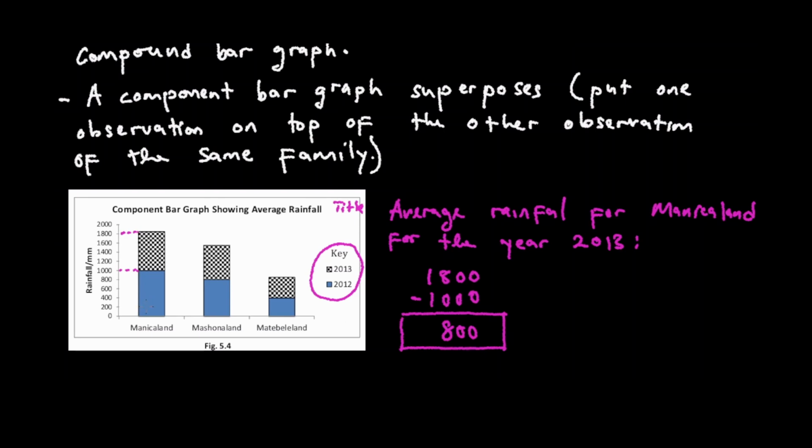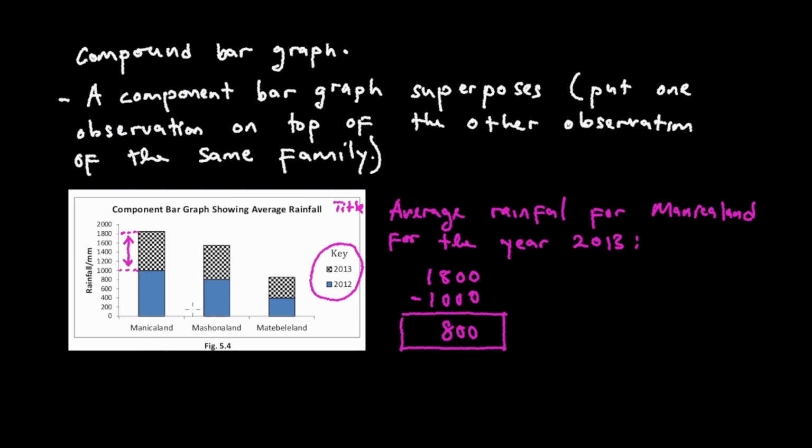Because 2012 starts at 0, we can just take that reading. But because 2013 starts where 2012 ends, we subtract: the reading that combines both 2012 and 2013 minus the reading for 2012, leaving us with 2013. So this is Manicaland 2013.